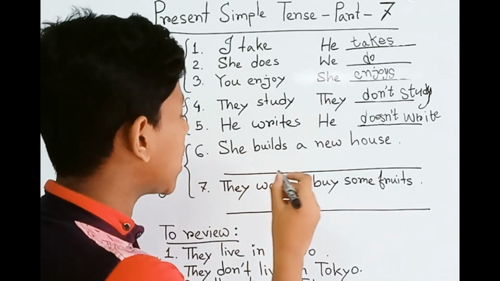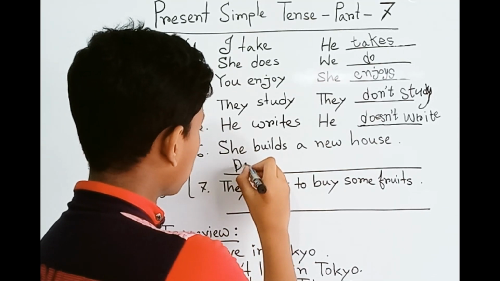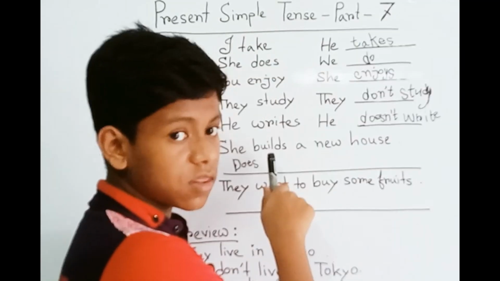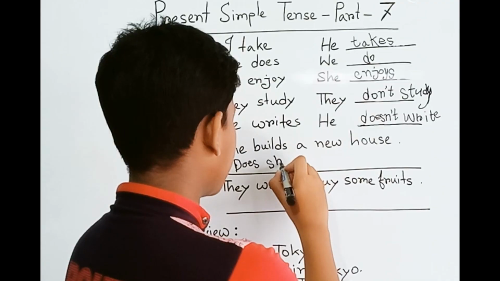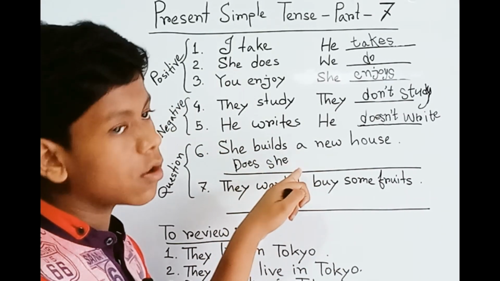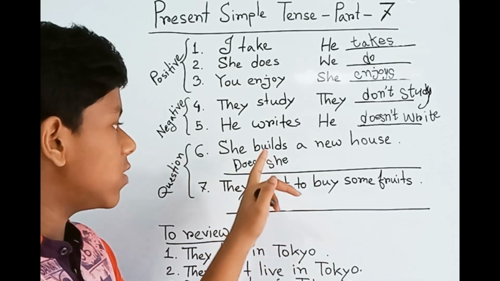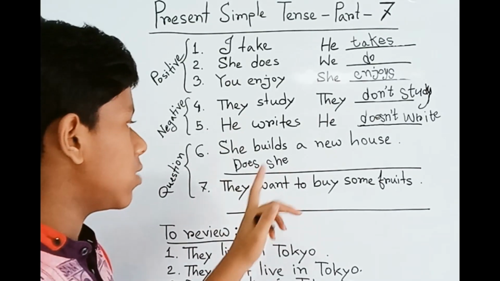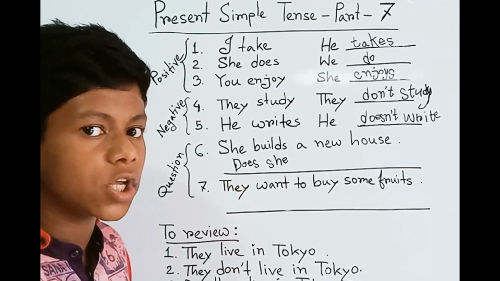So here we can write does, D-O-E-S, does. Then next is she. Does she, because after the helping verb of a question we have to add the subject. Then builds, no. In a question we do the same thing: even though it's with the s in positive, we add the s or es only for third person singular in positive, not in question.